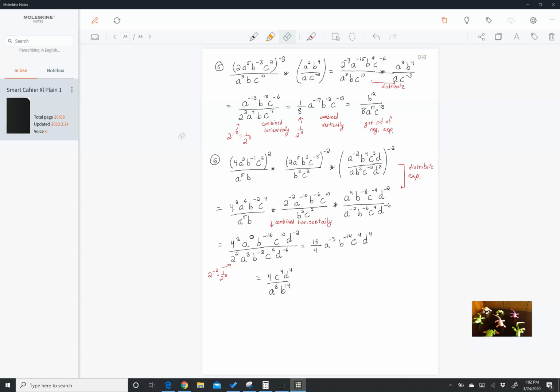Okay, we did that by adding the exponents. Then here we combined vertically. The 16 came from 4 squared. And the 4 came from 2 squared. Then we got rid of negative exponents.